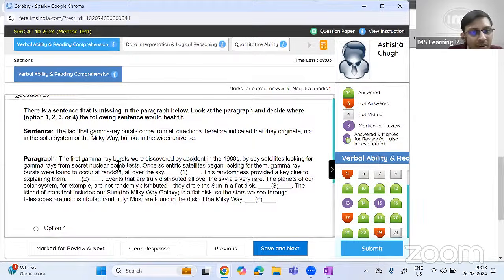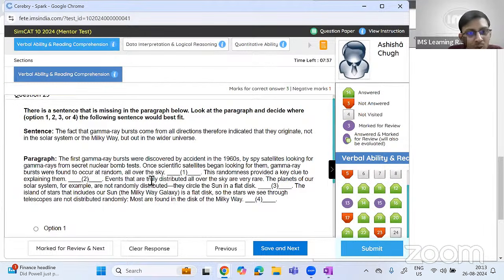Now, first: gamma ray bursts discovered by accident, nuclear bomb tests. Satellites began looking for them. They were found to occur at random all over the sky. All over the sky is connected to all directions. Okay, this randomness. Oh no, I can't put it here. This is continuing. This randomness is connected to random, a key clue to explaining them.